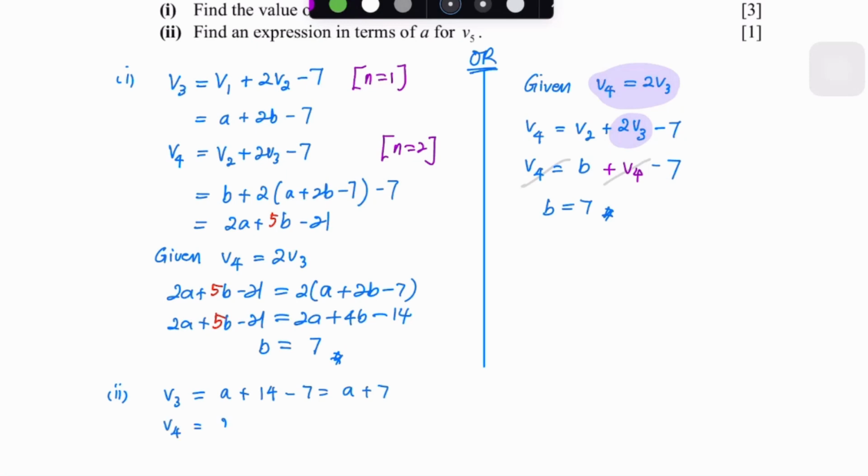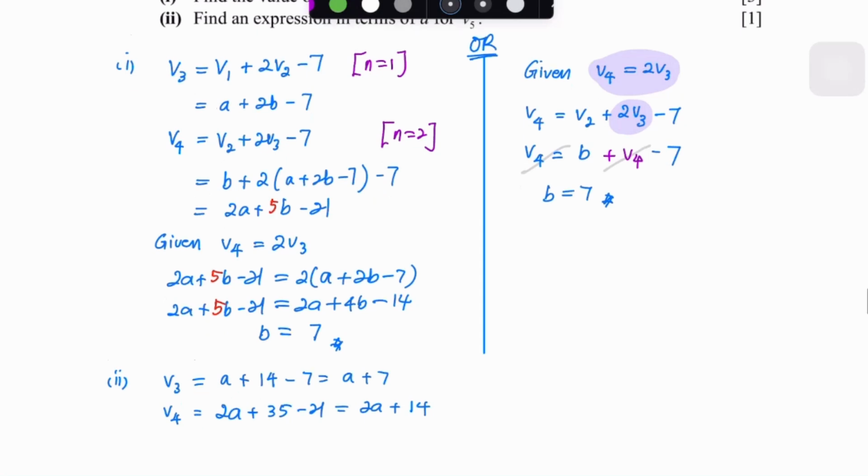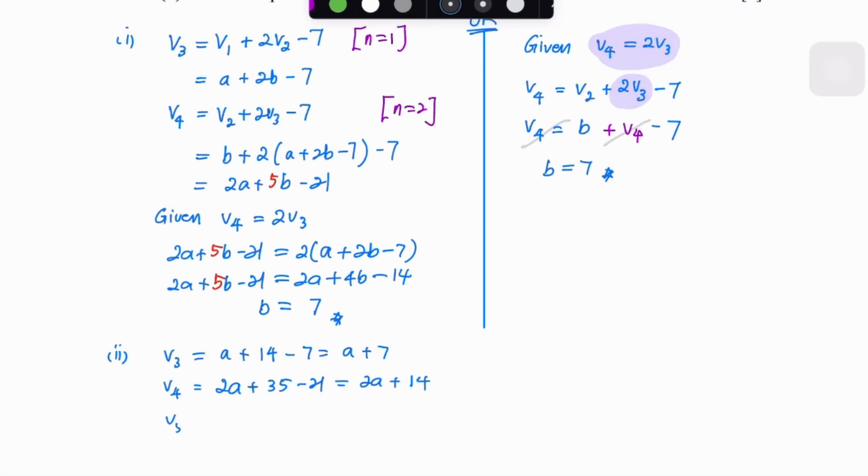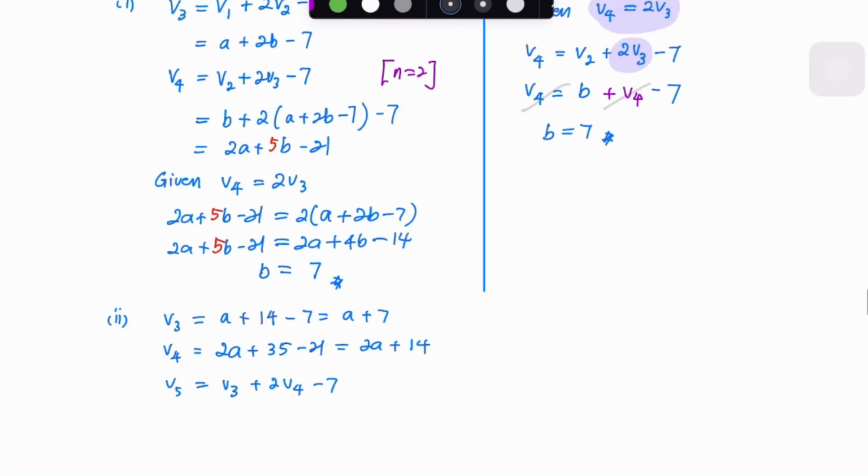V4 is 2A plus 35 minus 21, so this would be 2A plus 14. So technically your V5 would be equal to V3 plus 2V4 minus 7. So this would be A plus 7 plus 2 times (2A plus 14) minus 7. Altogether you should have 5A plus 28.